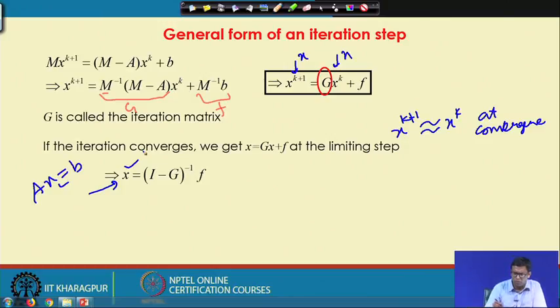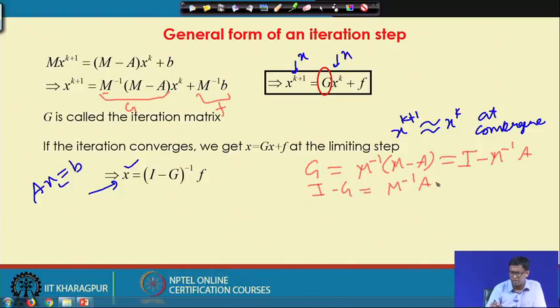So, let us see what is I minus G inverse. We know that G is equal to M inverse into M minus A, which is nothing but I minus M inverse A. So, I minus G is equal to M inverse A. Therefore, I minus G inverse is equal to M inverse A inverse, which, as the order will change, is A inverse multiplied by M. Similarly, f is equal to M inverse b.